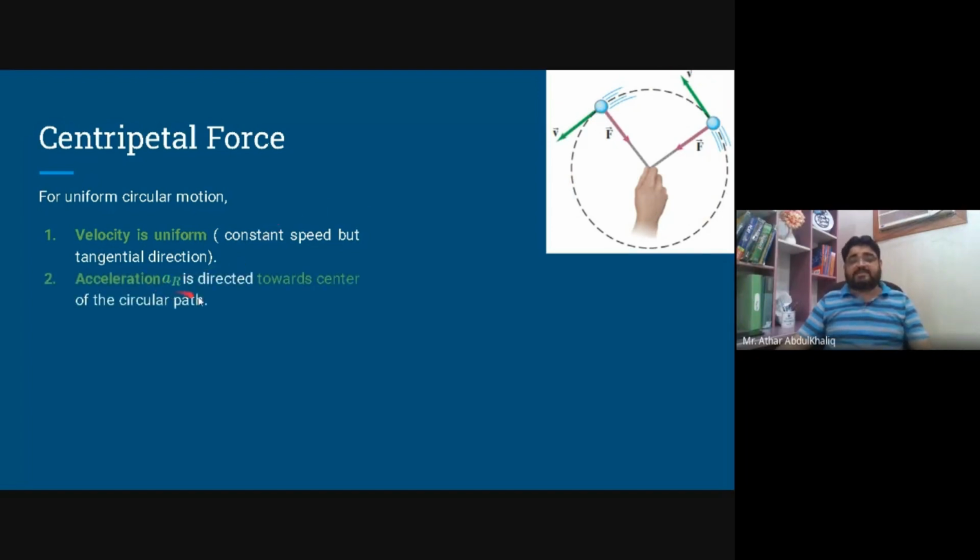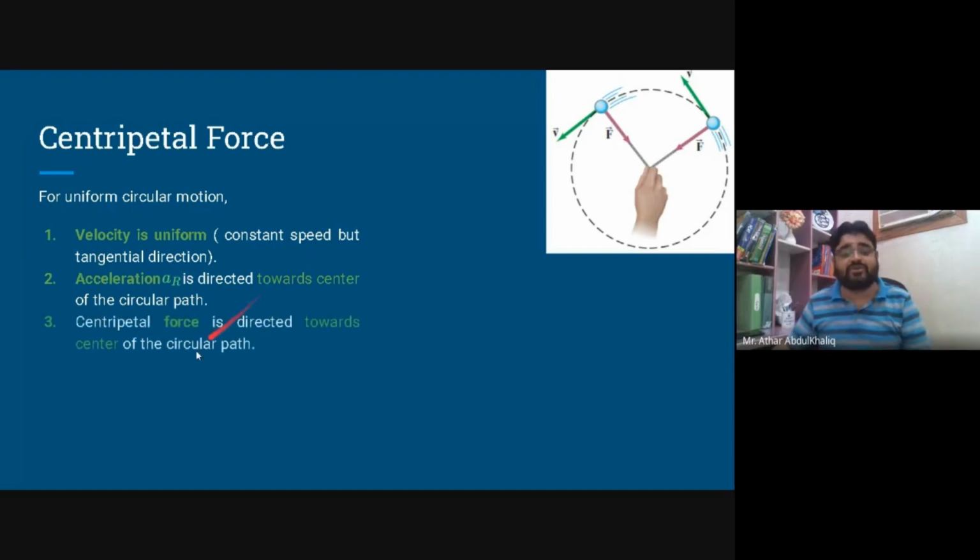Secondly, acceleration is always toward the center. Yes, we know that. And Newton's second law told us the direction of the acceleration and the direction of the force are the same. So if the direction of the acceleration is toward the center, the direction of the force is also toward the center.